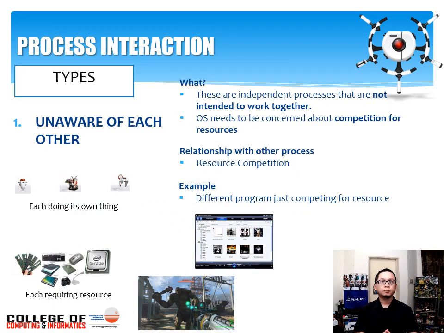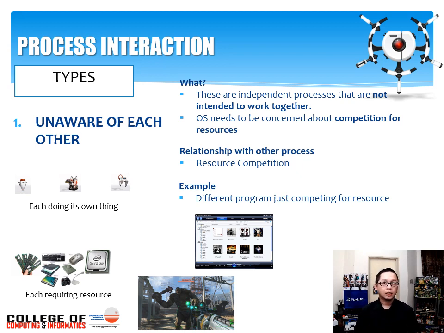Because we have many processes executing at the same time, now we look at different types of process interaction. First of all is the most normal one, where we have processes that are unaware of each other. It basically means that each and every process is independent and does not rely on another's result.